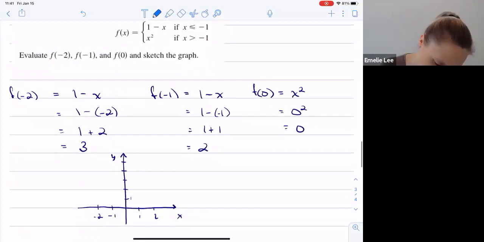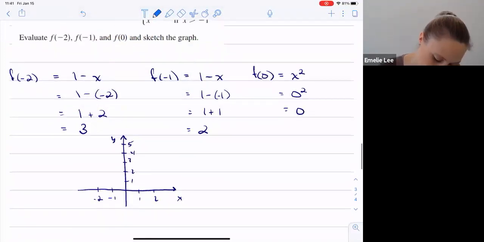So when x is -1, the function is at 2, so an output of 2. And I'm going to use a closed dot because it's including that point.